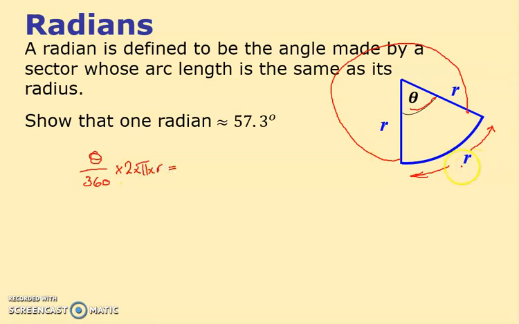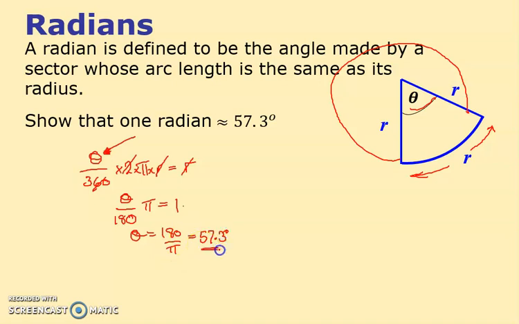That has to equal 1 radian. So what I want to know is what angle it will be in order for this to happen. And straight away you notice 2/360 is 1 over 180. So theta over 180, and the r's cancel as well. So I reckon pi equals 1. So if I just move that over, theta is 180 divided by pi, and that equals 57.3.